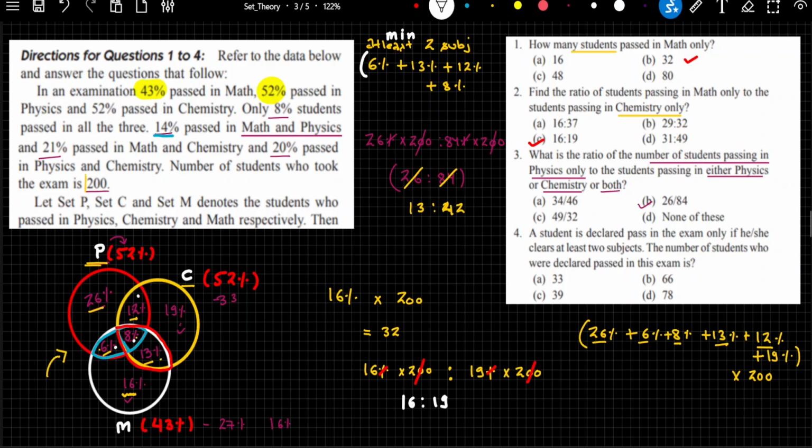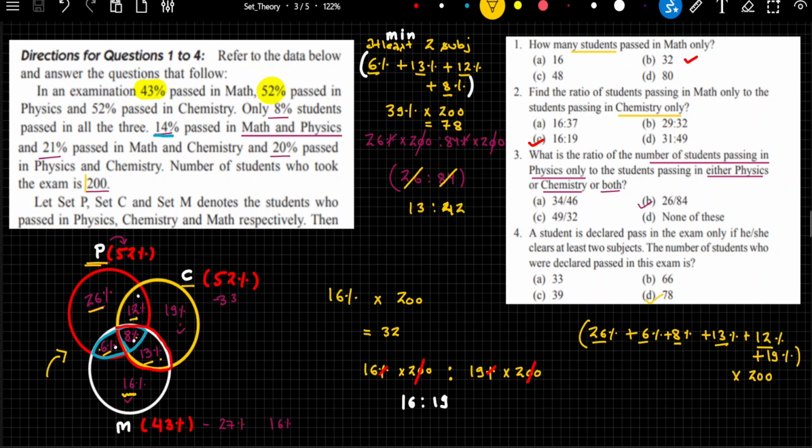So this is the total in terms of percentage. So if you add everything, 6 plus 13 is what? It's 19, and 12 plus 8 is 20. 19 and 20 is going to be 39%. 39% of what? Total. So if you calculate, it comes out to be 78. So whichever option says 78, mark it as your answer and move forward.